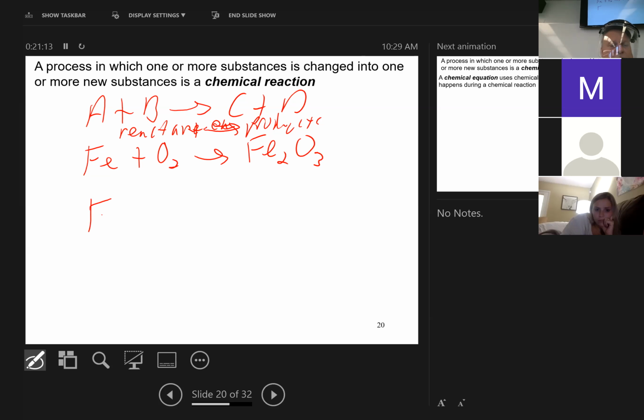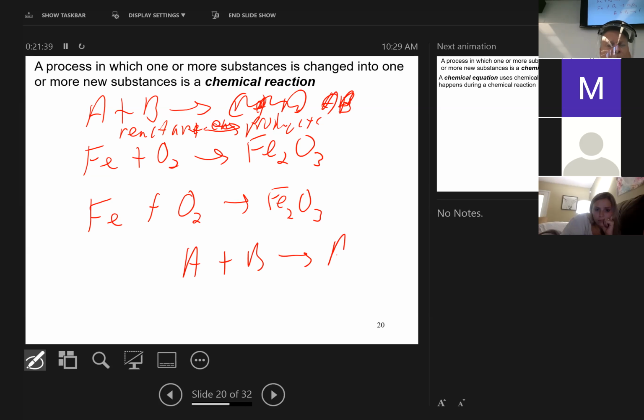So you start off with iron. Oxygen is O2 here. This goes to Fe2O3. This is a special kind of reaction, a combination reaction, where A plus B goes to AB, okay?